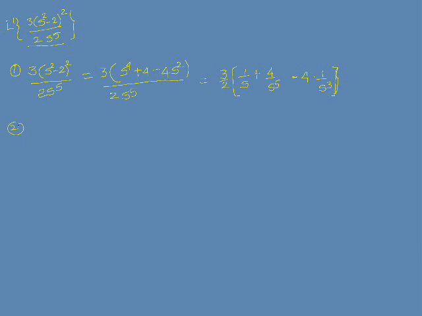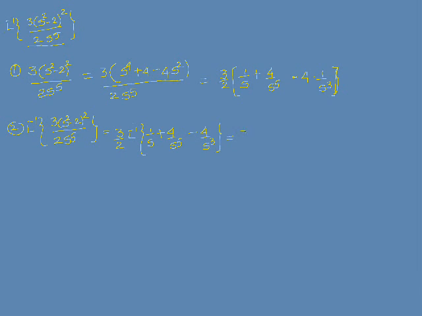Now you apply the inverse on both sides. L inverse of 3 into s square minus 2 whole square by 2s power 5 is equal to 3 by 2 into L inverse of 1 by s plus 4 by s power 5 minus 4 by s cube.